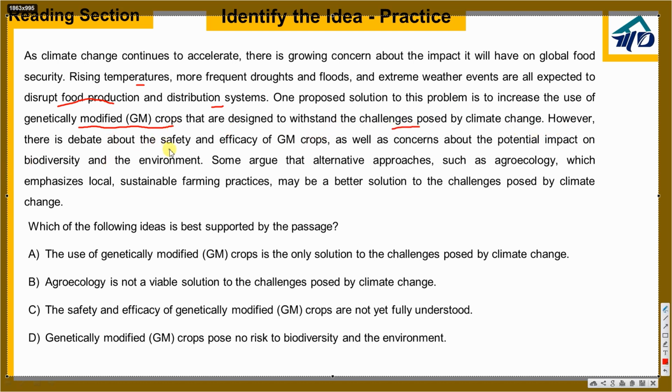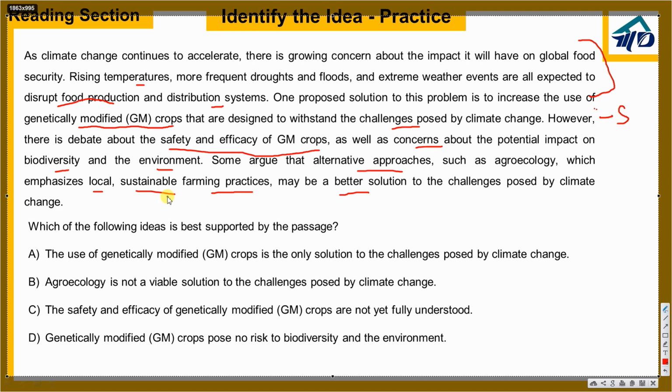However, there is a debate about the safety and efficacy of GM crops, as well as concerns about the potential impact on biodiversity and the environment. Some argue that alternative approaches such as agroecology, which emphasizes local sustainable farming practices, may be a better solution. So they discuss the issue here, then they suggested the solution, and then they said that solution is not the best one, you can think of other solutions also.